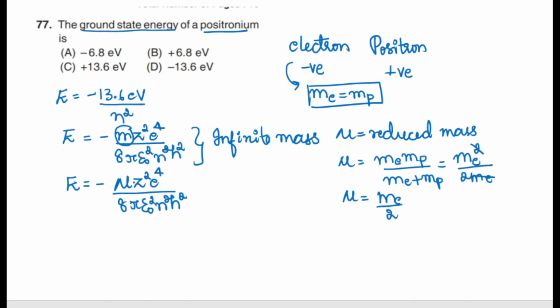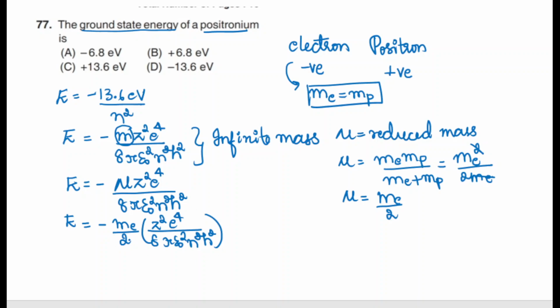So instead of mu, what you got? That is energy E, which is equal to minus me divided by 2, and the rest of the terms remain the same as it is: z square into e to the power of 4 by 8 pi epsilon naught square n square into h square. Okay, now this is the same formula as this formula, right?